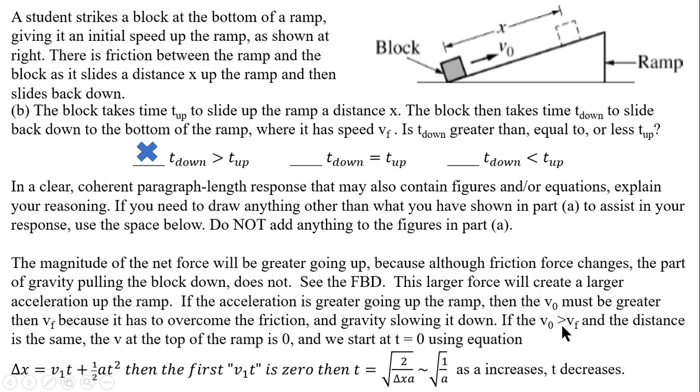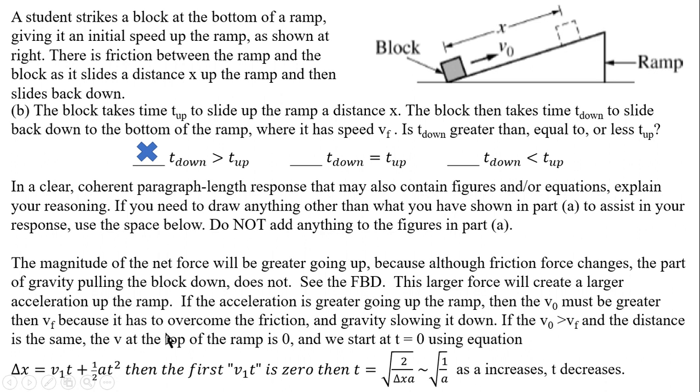Now, I could have explained this a little differently, but this V part I don't need, and I show that with this equation. I don't care about the velocity. I know that the force pushing up and the force pulling it down the ramp are different. I know that this force is greater than the force pulling it down the ramp. And I show that it doesn't matter with this piece, because we start at 0 and we know that this velocity up here is 0. So either way, I don't think I need this part.